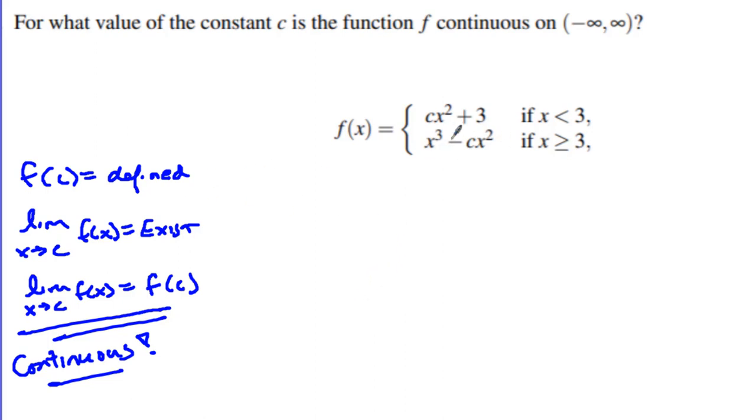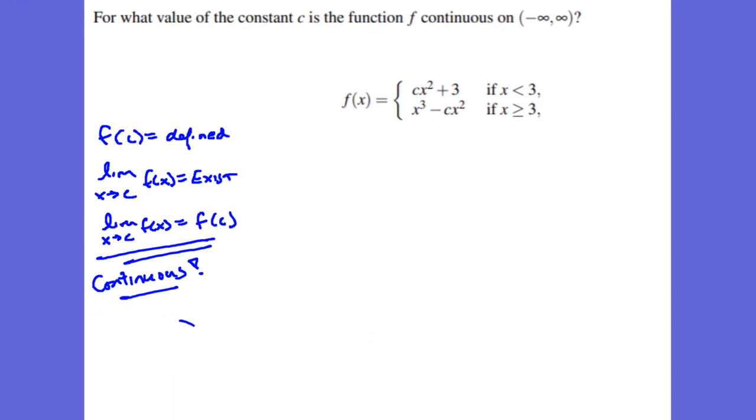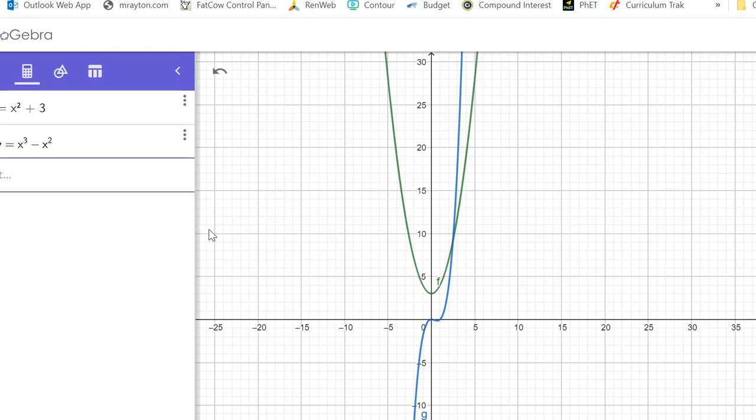Here you can see we have a piecewise function. We have c, some constant, times x squared plus 3, and that's good for every point less than 3. Then we have x cubed minus c x squared, for every point equal to and greater than 3. I took the liberty of graphing this on GeoGebra, and right around x equals 3, you can see they are not continuous.